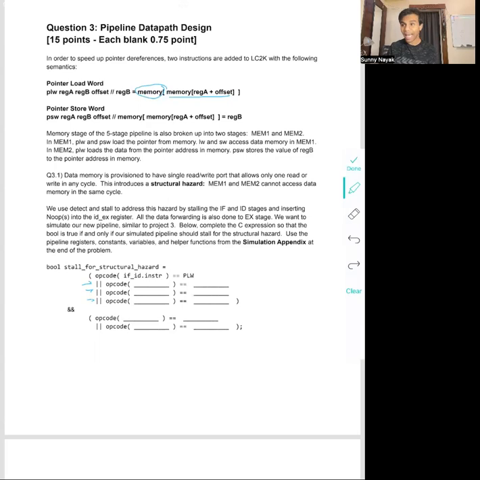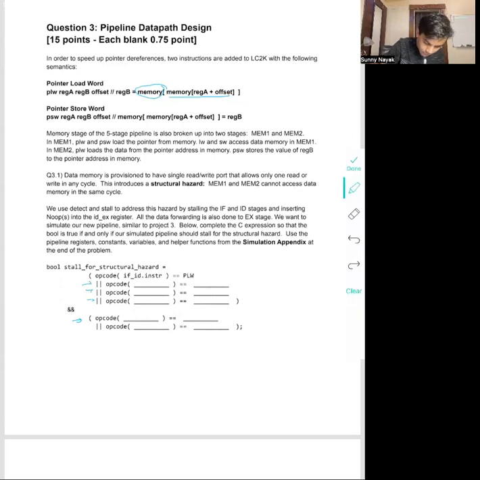My guess is that the IFID is identifying which instruction is going to be executed. So this is probably going to be if there's a conflicting instruction in the next part of the pipeline, the first instruction that was executed, because there are 2 instructions involved in the structural hazard. Then our stall for structural hazards is going to be true, otherwise it's going to be false.